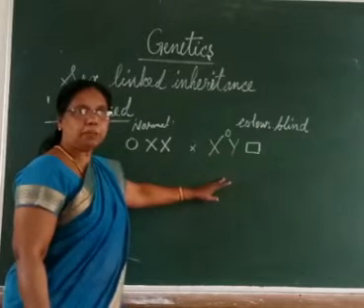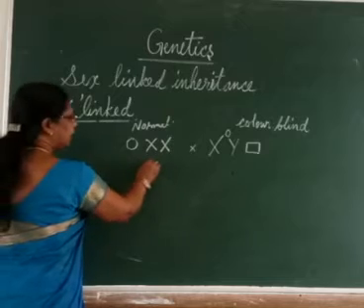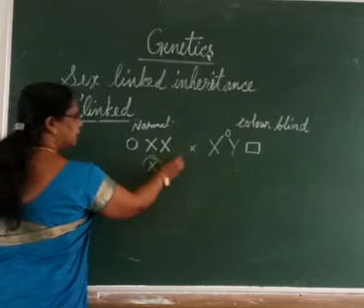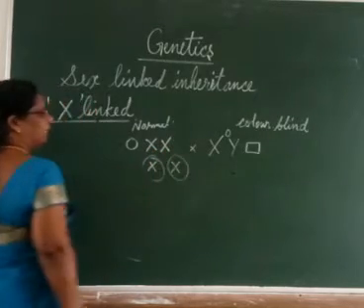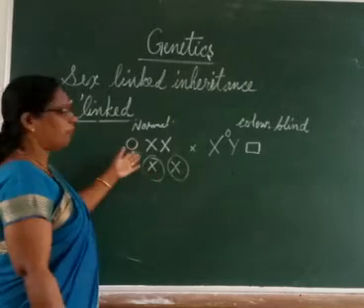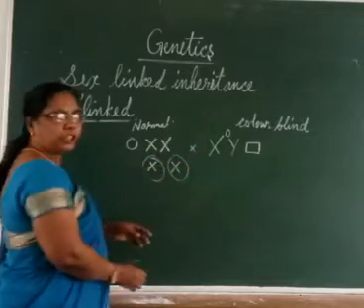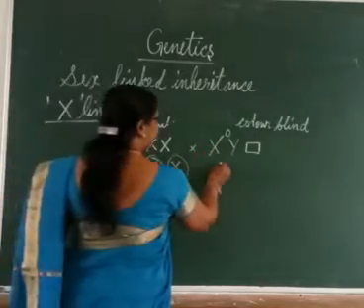So what is the possibility of forming gametes here? Here there is only one possibility, that is X, another X, that is normal X only. During the process of sperm formation, what is the possibility?